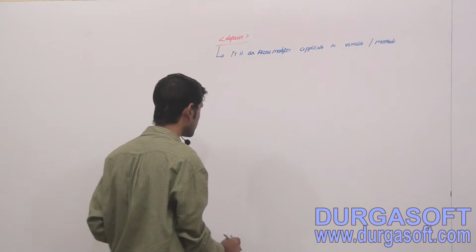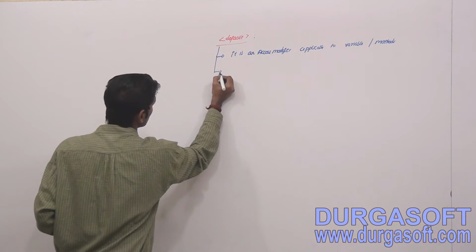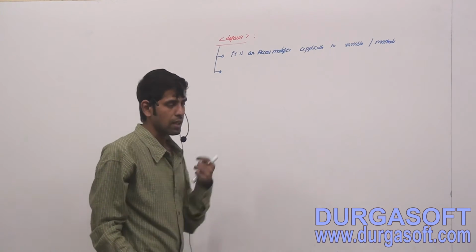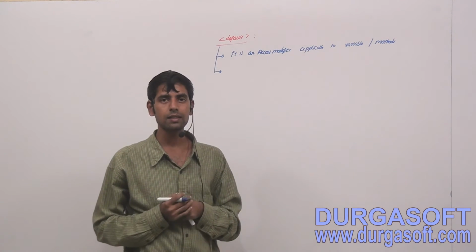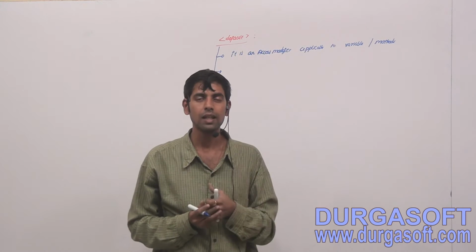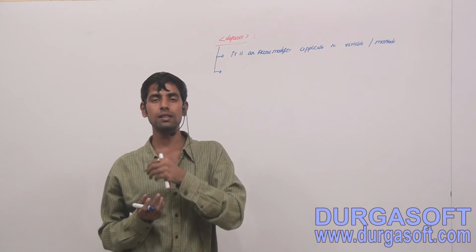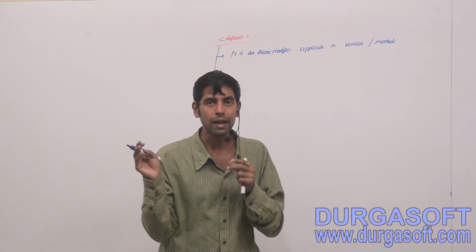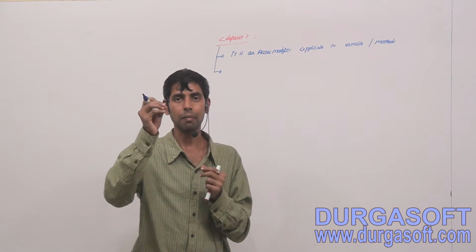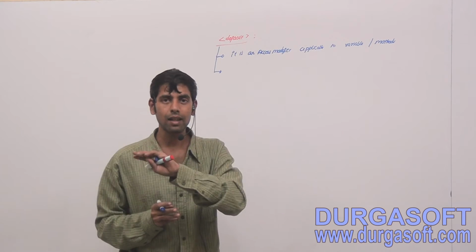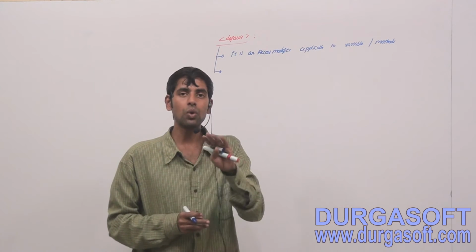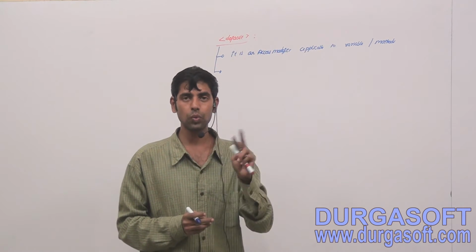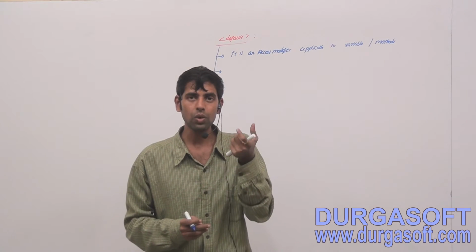Now if a member is declared as default, then we can access it only within the package but not outside the package. Nothing more than that, friends. Here you don't have any logical twist to stress.